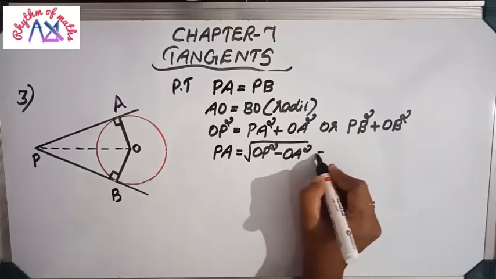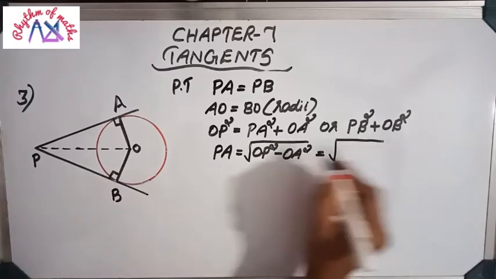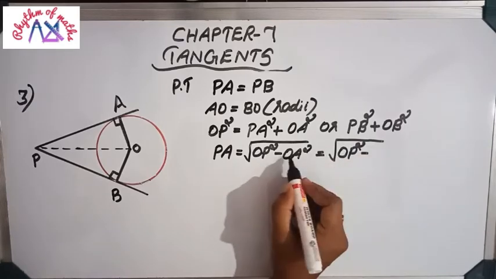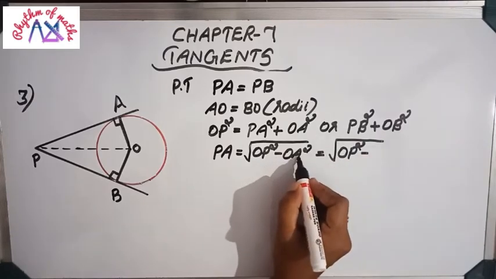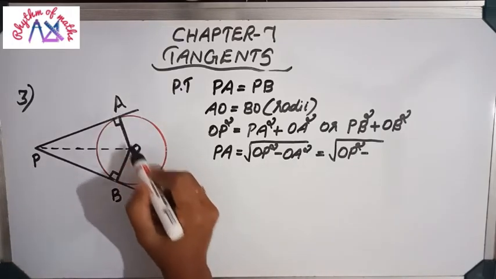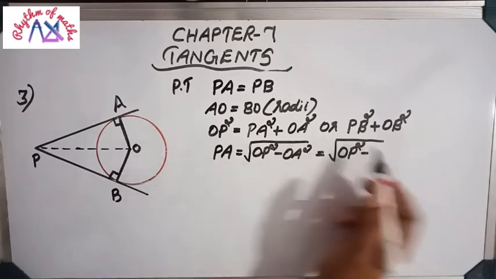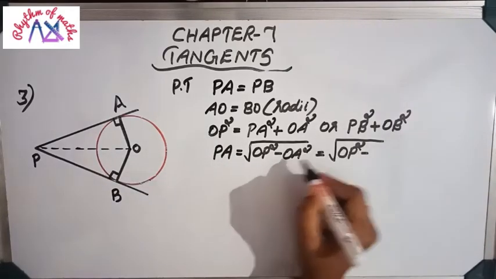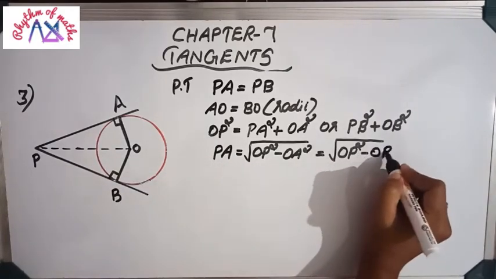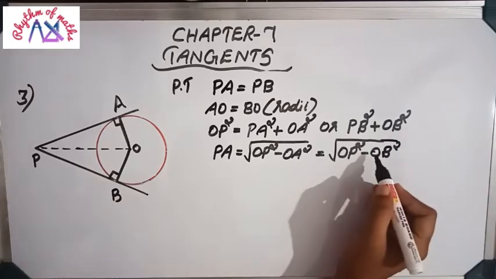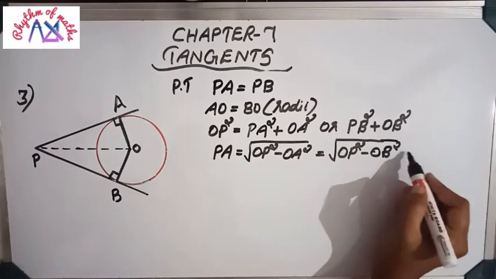Here OP square is a fixed answer, minus OA square. OA is the radius. So instead of OA, if you write OB, there is no change because both are the same. So instead of OA, let's write OB square. OP square minus OB square. Is there any change here?